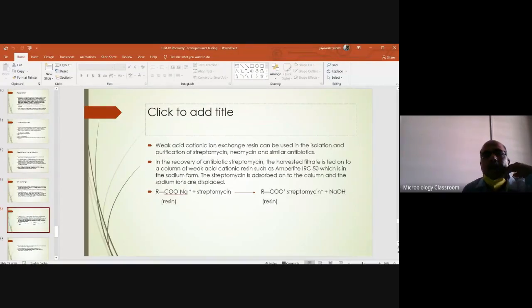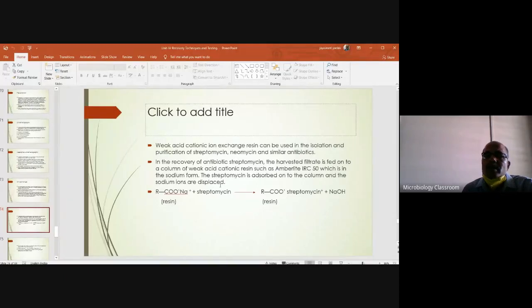Here you will find a weak acid cationic exchange resin can be used in the isolation and purification of streptomycin, neomycin, and similar antibiotics. In the recovery of the antibiotic streptomycin, the harvested filtrate is fed onto a column of weak acid cationic resin such as Amberlite IRC50, which is in the sodium form.